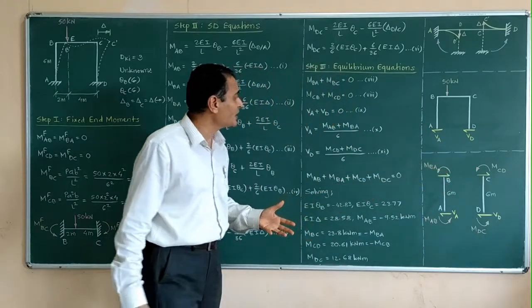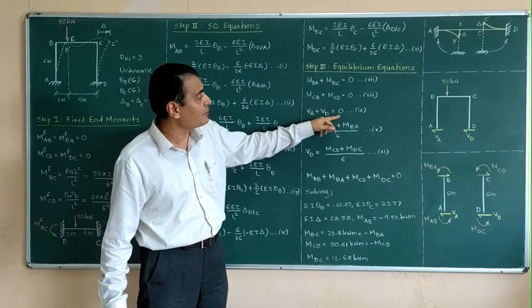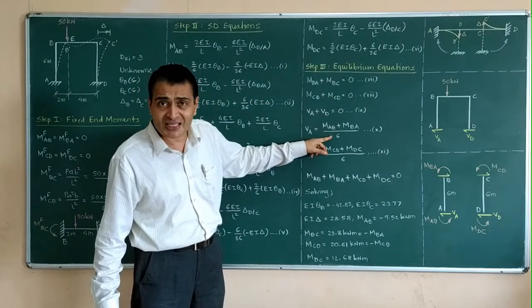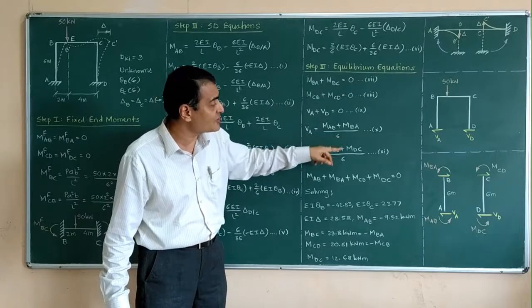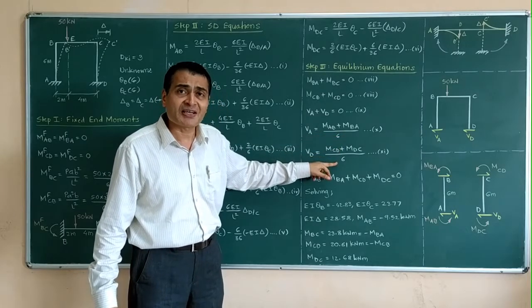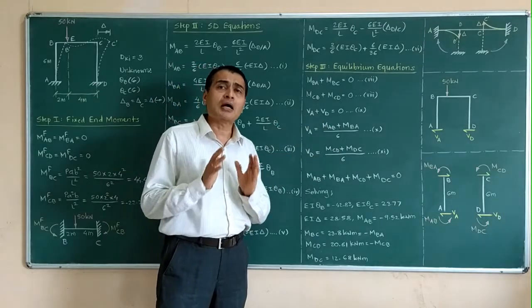You will directly get equations in the form VA is equal to M of AB plus M of BA upon 6 and VD is equal to M of CD plus M of DC upon 6. As I said last lecture also, you can directly write it like this.